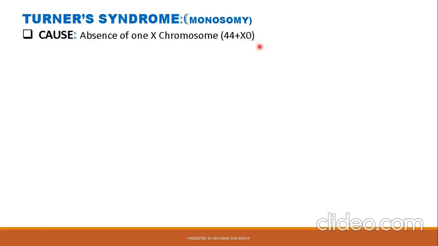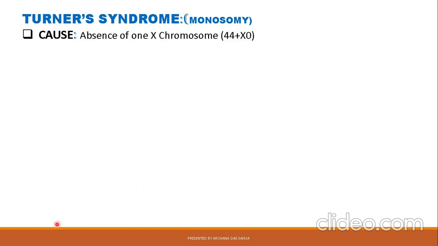That means both X's went into one gamete and the other gamete was empty. So it fuses and results in XO. Or maybe both sex chromosomes of the sperm went into one gamete and the other was left devoid of sex chromosomes. So it may result in such a combination, 44 plus XO.